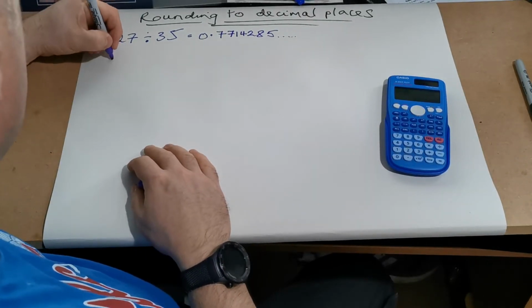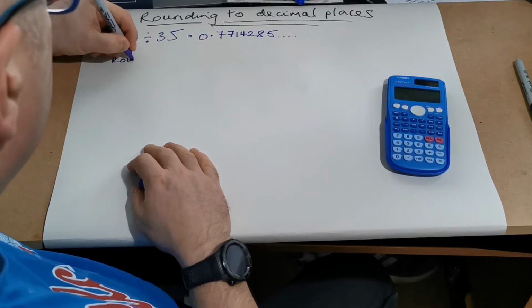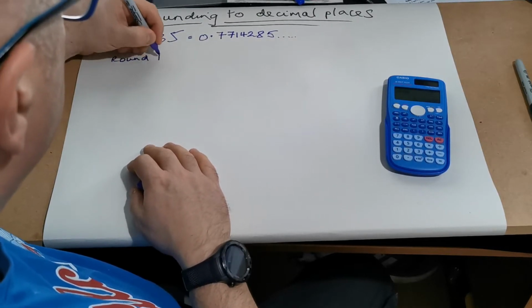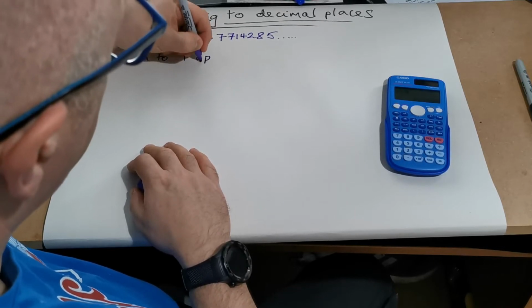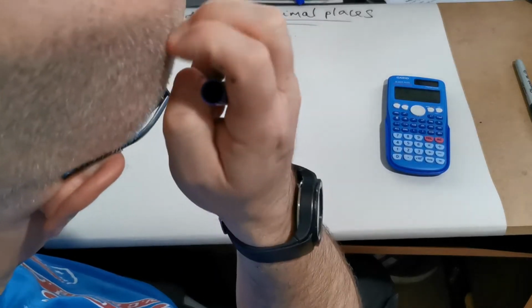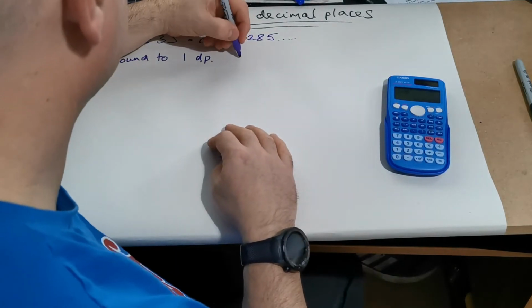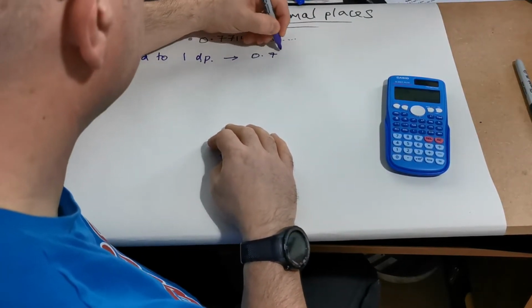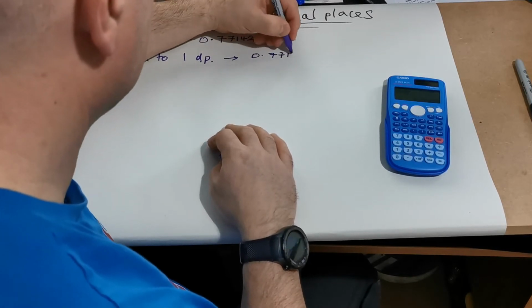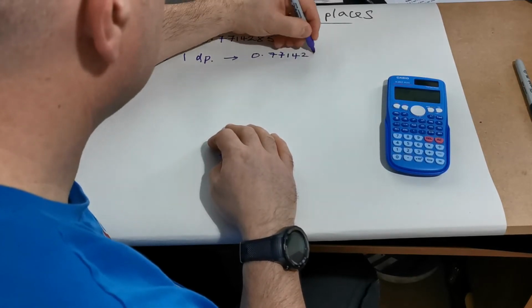So I might say round to 1 decimal place. And I'm going to put DP because that'll make it short. So I've got 0.7714285.